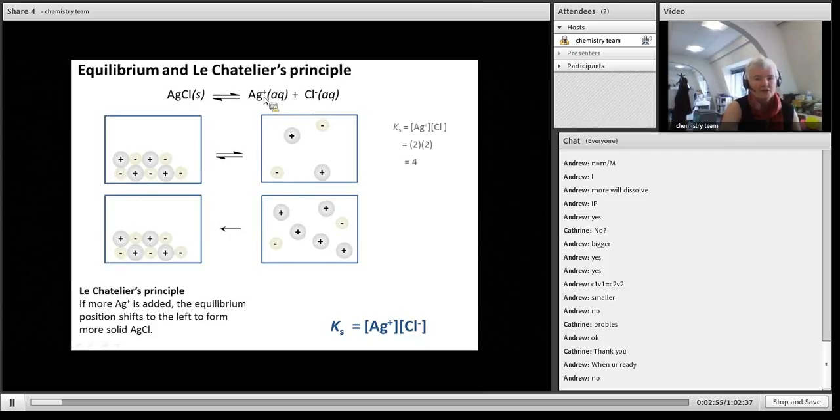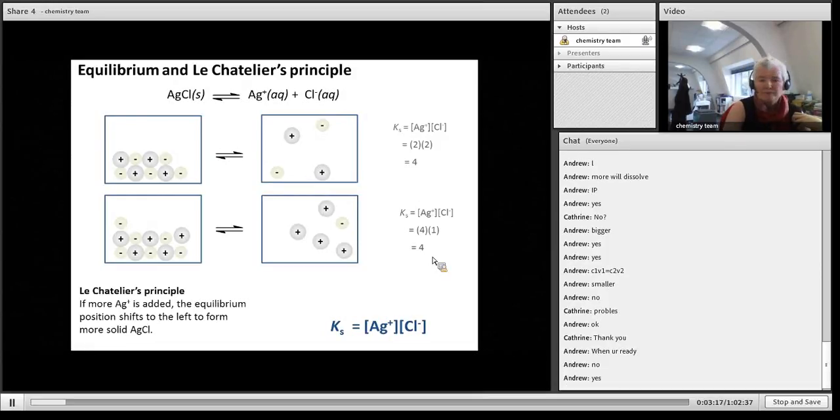So it shifts to the left, and we do that by removing some silver and some chloride. A silver ion and a chloride ion goes across, and it's now in equilibrium again because the Ks is equal to 4. So is that quite clear in your mind, how this principle works?